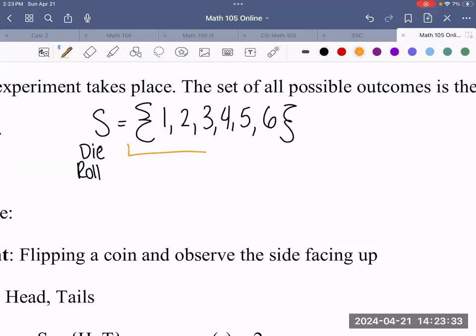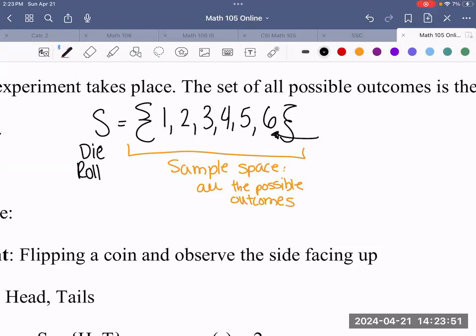So this would be considered your sample space, all the possible outcomes. Whereas we could say the event of a 6 happening is just one of these possible outcomes.